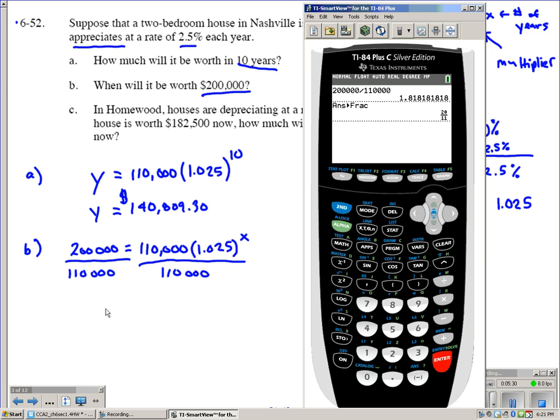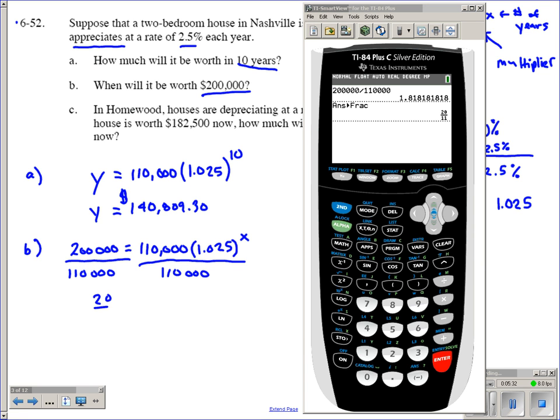So 20 elevenths equals 1.025 raised to the power of x. And although we're getting closer to being able to solve these in class without having to graph them, I feel like it's still safer to just follow the rules that we've been doing for solving by turning this into a system.